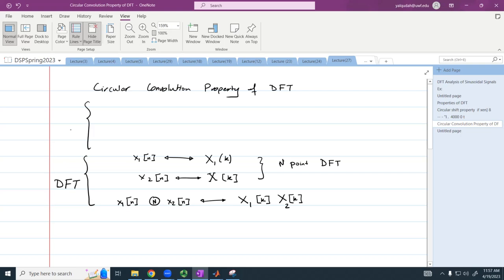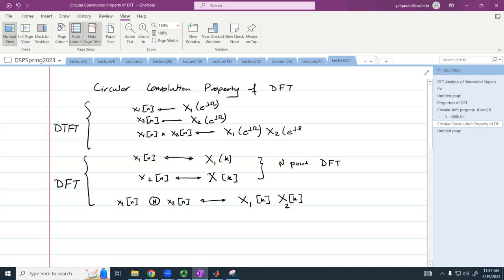In the case of the discrete time Fourier transform, DTFT, x1 of n has x1 of e to j omega, x2 of n has a discrete time Fourier transform x2 of e to j omega, then x1 of n convolved with x2 of n is going to have a discrete time Fourier transform that is x1 of e to j omega multiplied by x2 of e to j omega.